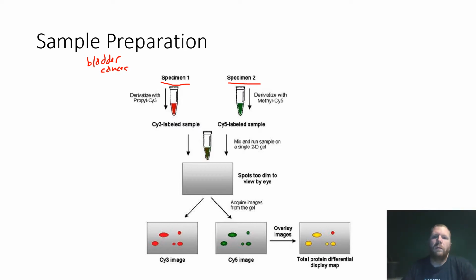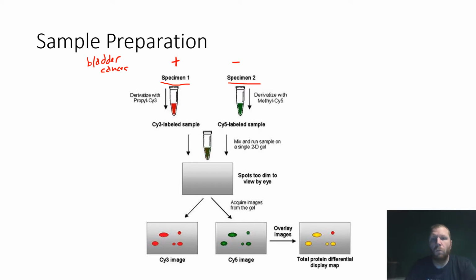You have a person who has bladder cancer and a person who does not. And let's say hypothetically that you wanted to evaluate these two people's liver cells to see what the impact of their bladder cancer has on their liver cells.